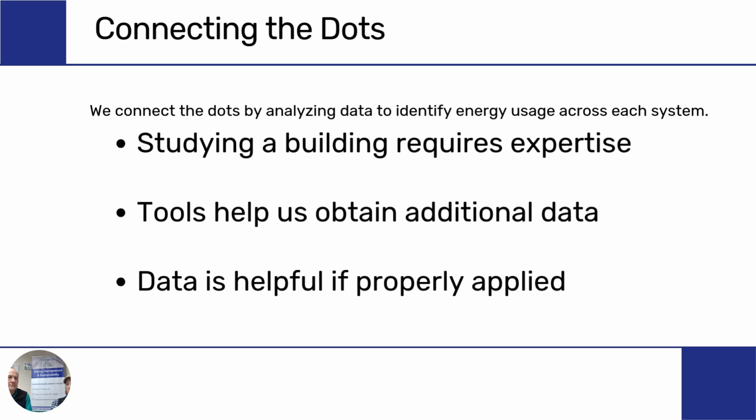Using tools to obtain data helps make informed decisions. And again, not all data is created equal, so we want to make sure we're using the right data and looking at it from the correct lens, which comes with some level of building intelligence, but also listening to what folks have to say about their buildings.